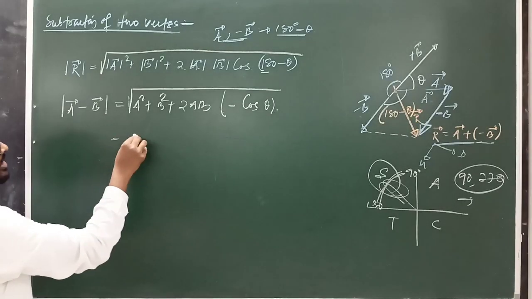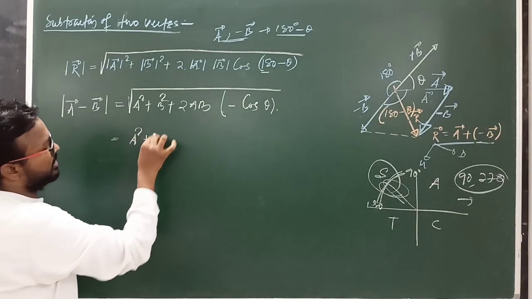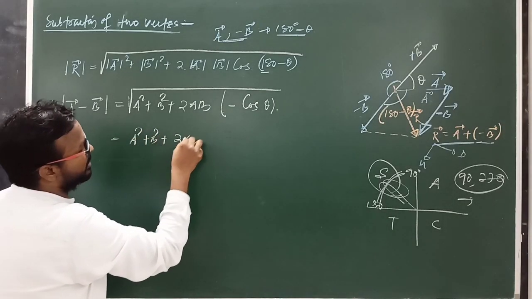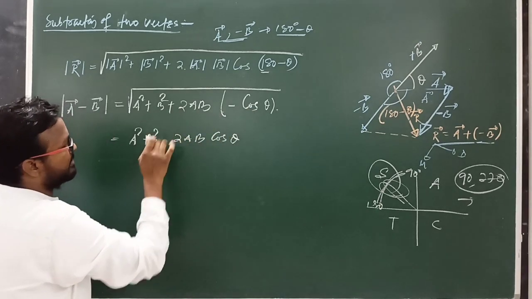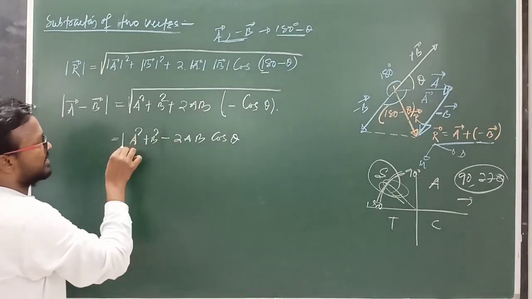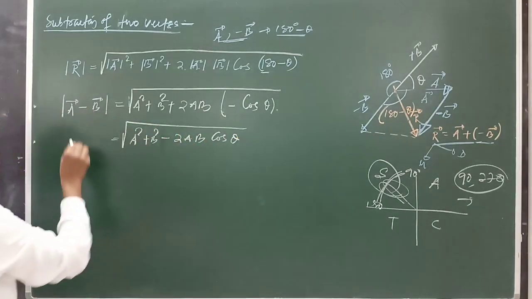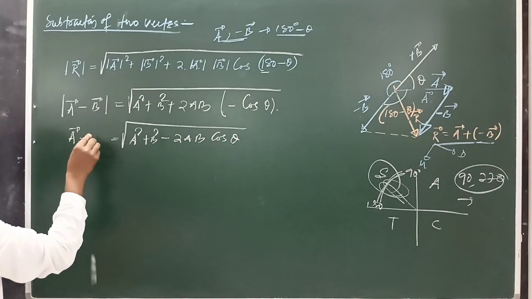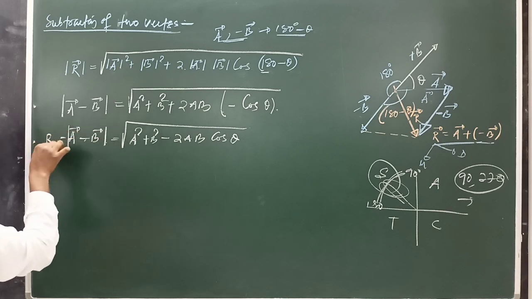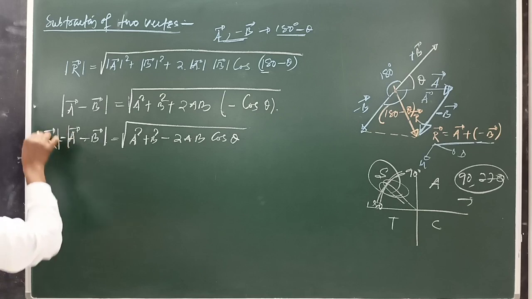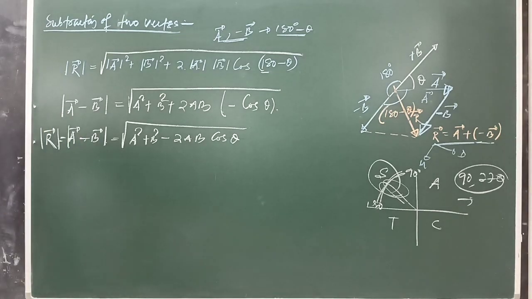Now solve this relation here. So a square plus b square plus 2ab cos theta, but a negative sign here, negative sign. This is known as the resultant vector, that is a vector minus b vector magnitude, or simply you can write R, resultant in this case. Clear?